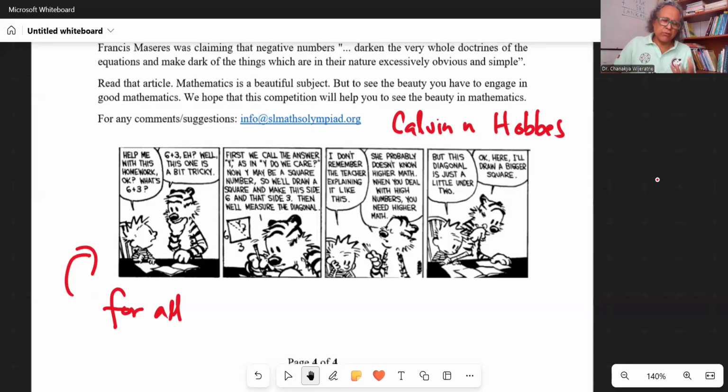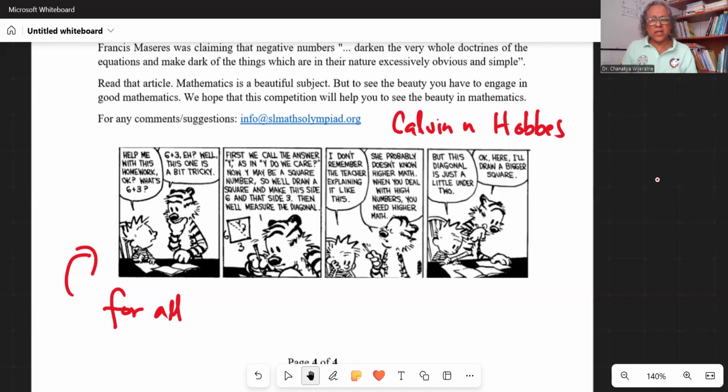And this is to tell you that you need to have fun in solving math problems. This should not be stress to you. So this is why this cartoon is there. Just go over the cartoon and see whether you get it.